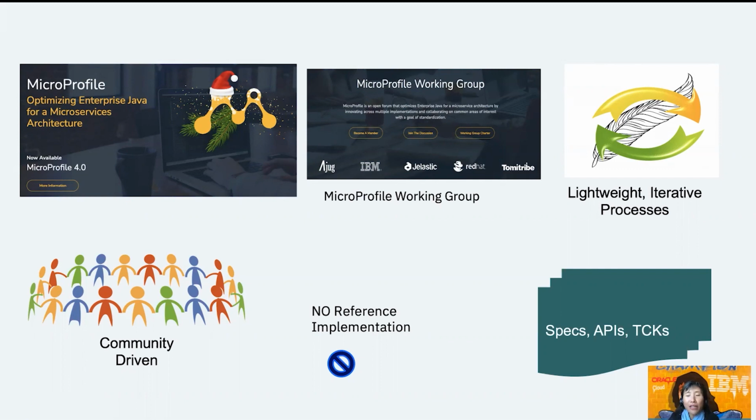MicroProfile is completely community-driven and is open and transparent. It has the APIs, TCKs, and specs in the public domain in Maven Central. Itself, it does not host any implementations. However, you have many implementations to choose from.